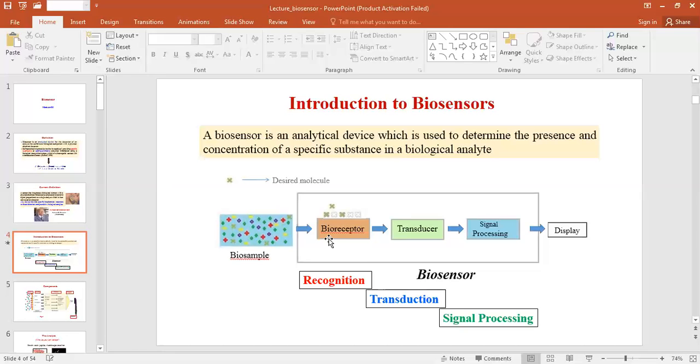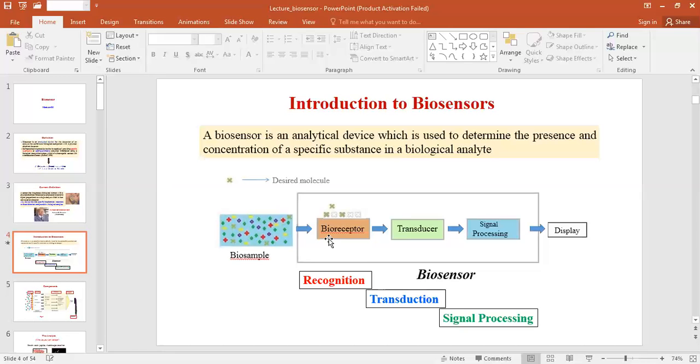Now the transducer will send the signal that has been received from the bioreceptor to a different component that is known as the signal processing unit. There the signal will be processed. It may be amplified. In some cases, if the signal is very poor, it should pass through an amplifier.